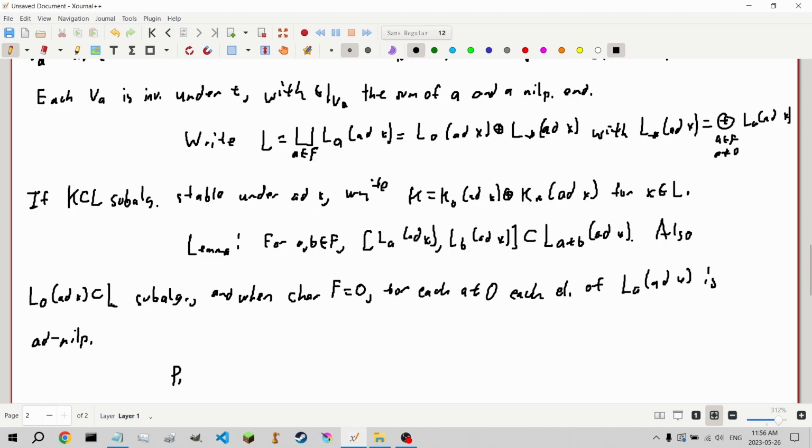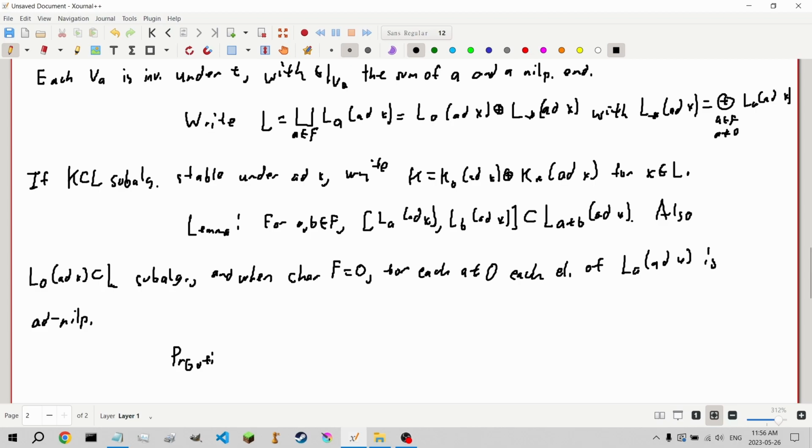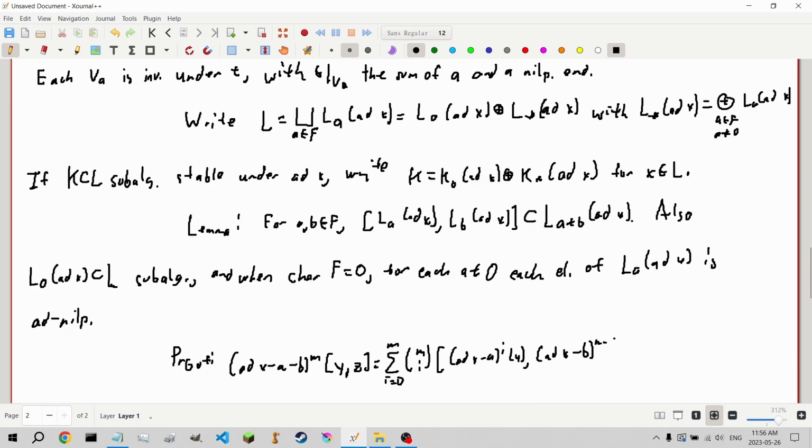Now, earlier, I believe we proved a formula. It's something like this: (adjoint of x minus a minus b) to the m on the bracket of y and z is the sum for i from 0 to m of m choose i times the bracket of (adjoint of x minus a) to the i on y and (adjoint of x minus b) to the m minus i on z.